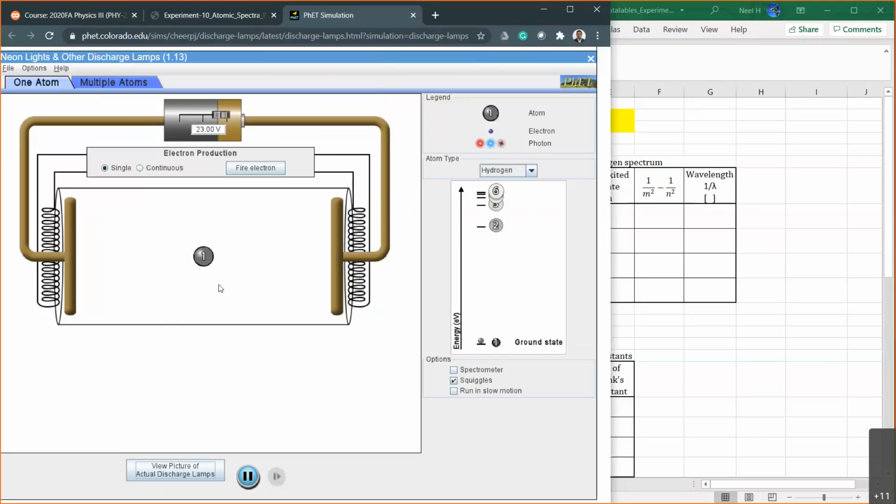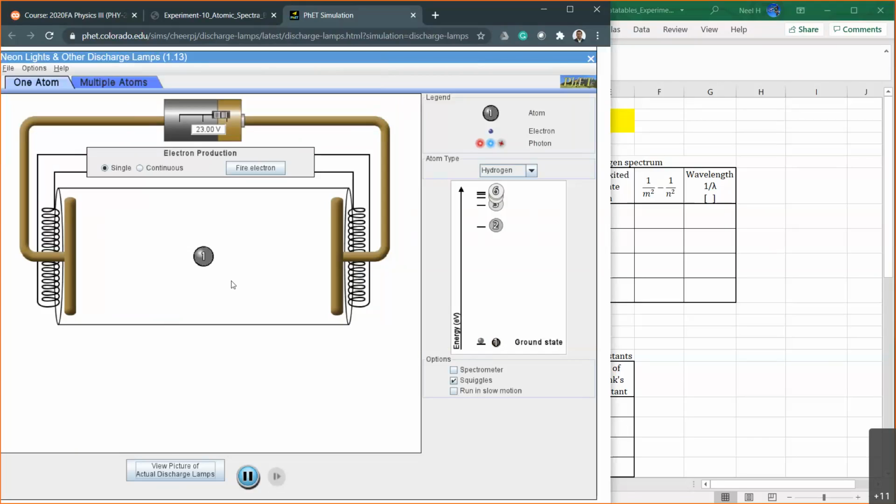The gas tube itself is not expensive, but the high voltage supply is expensive. So that's a fairly simple setup. Even if we do it in a class setting, observing these colors is a little tough. We have to have a very good dark room, so we have to darken the whole lab, because the observation is a little tough to do.